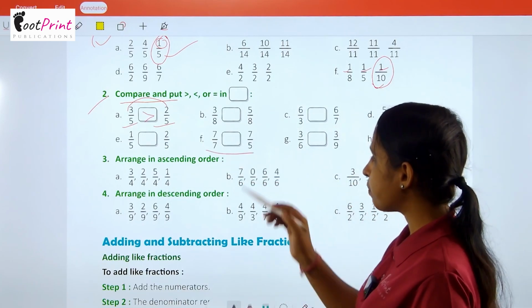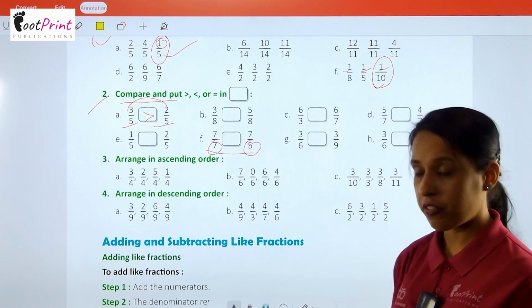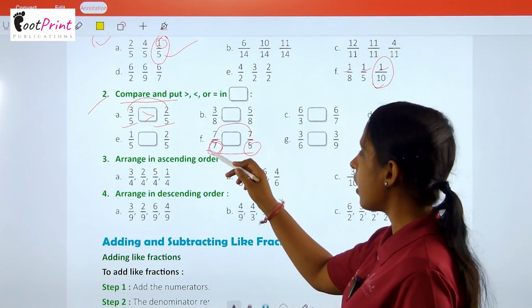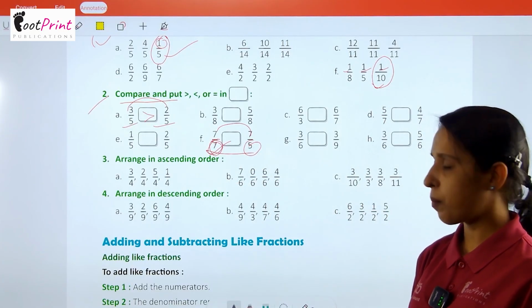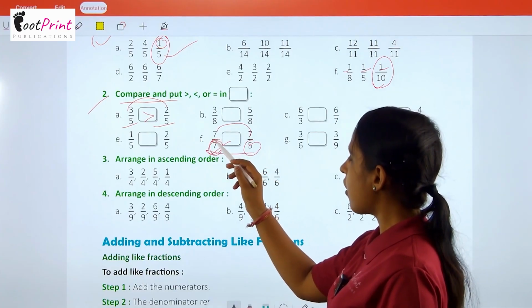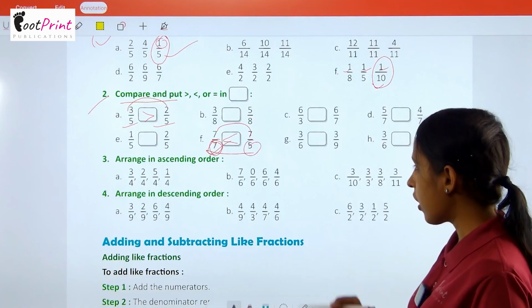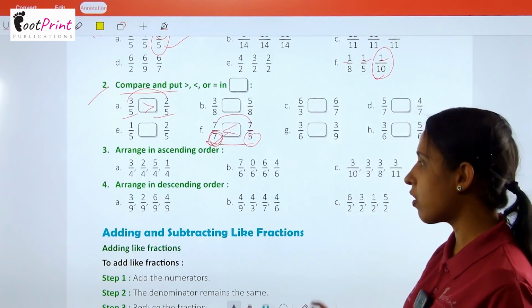Here we have different denominators, it means these are unlike fractions but with the same numerator. हमें पता है greater denominator is showing smaller number. So here 7 by 7 is less than 7 by 5. Okay. So just like that you will solve the rest of the part of these questions.